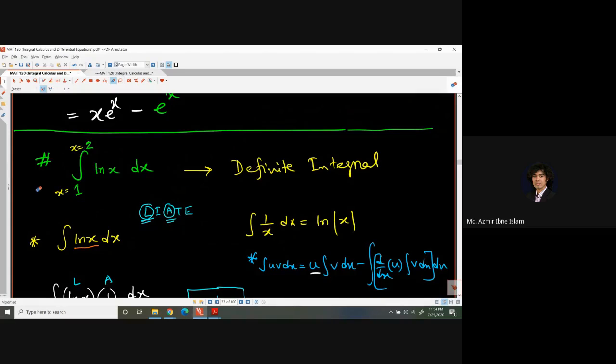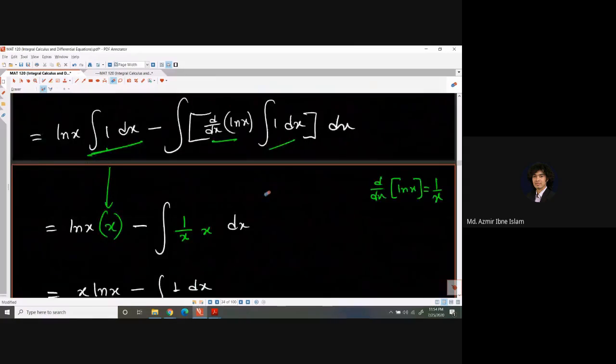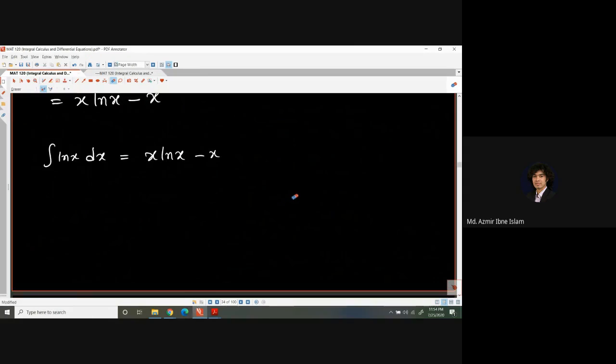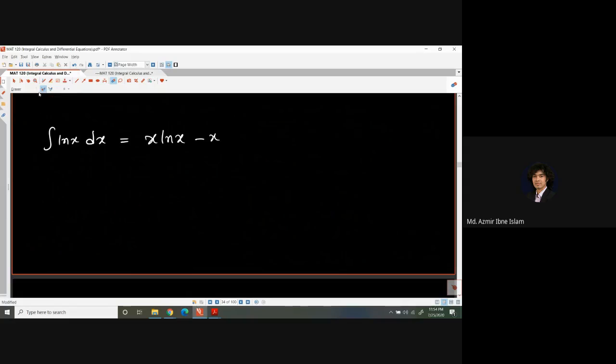That means previously we have the definite integral from the lower limit 1 to the upper limit 2. So let's think about these limits now. The lower limit is 1, the upper limit is 2. Since we have the antiderivative, we can apply the fundamental theorem of calculus.